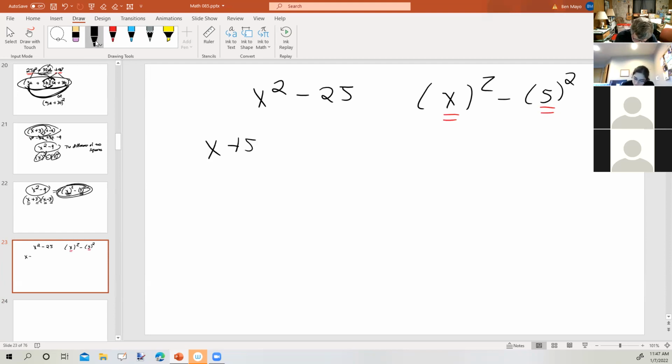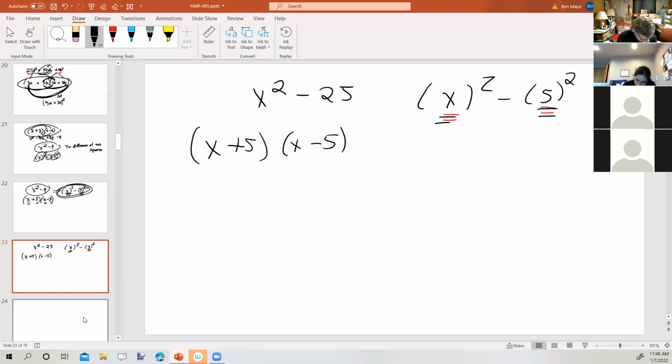So I've got factors of the sum of the bases times the difference of the bases. Now, don't confuse this with a perfect square. A perfect square trinomial, 3 terms, has 2 identical factors. The difference of two squares has 2 factors that are a conjugate pair, the sum of 2 numbers times the difference of 2 numbers, the 2 numbers being the bases from there.